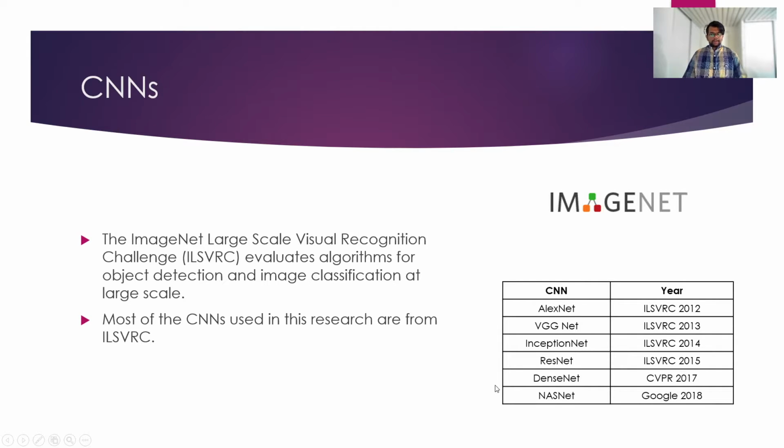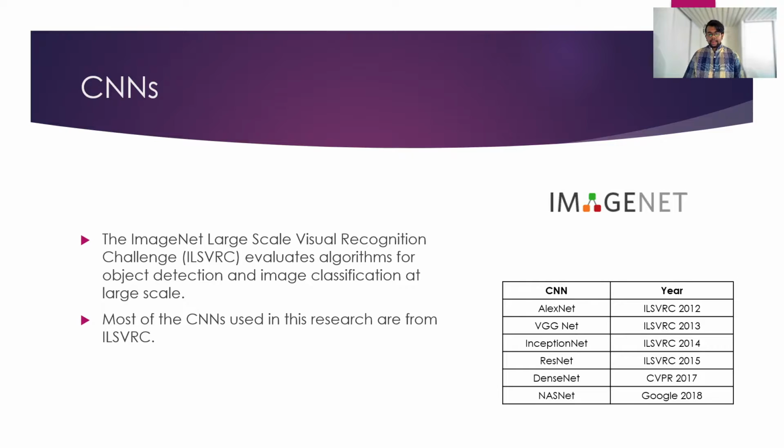So I'm going to talk about ImageNet and one of its competitions. The ImageNet Large-Scale Visual Recognition Challenge, or ILSVRC for short, is a competition that evaluates algorithms for object detection and image classification at large scale.